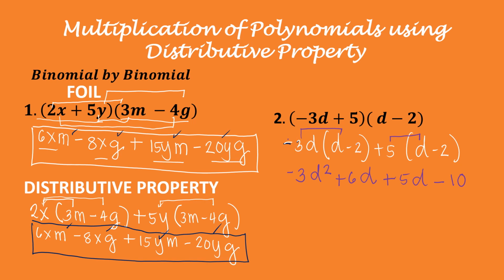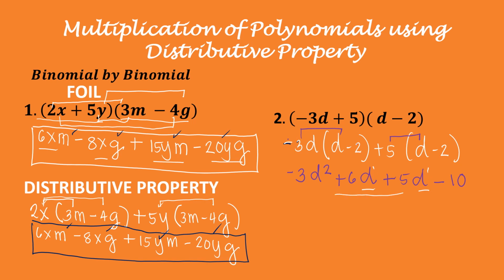Now let us see if there are terms that need to be combined. What are the terms that can be combined? They are the like terms. When can we say terms are like? If they have the same variable and the same exponent. So the d and the d here are the same, and they both have an imaginary exponent of positive 1.